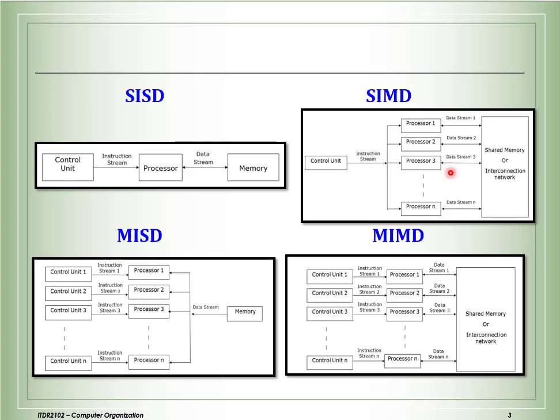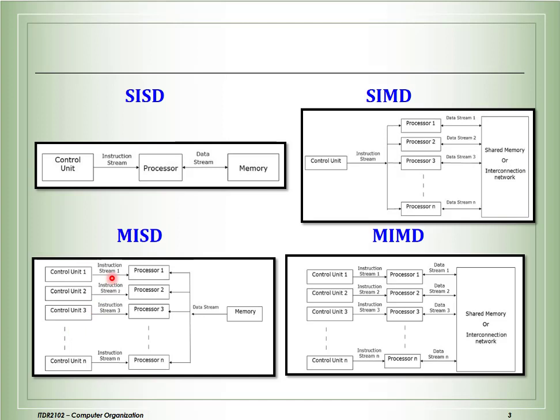One thing you need to know here is that each processor has local memory, and the communication between the processors is through shared memory or an interconnection network.